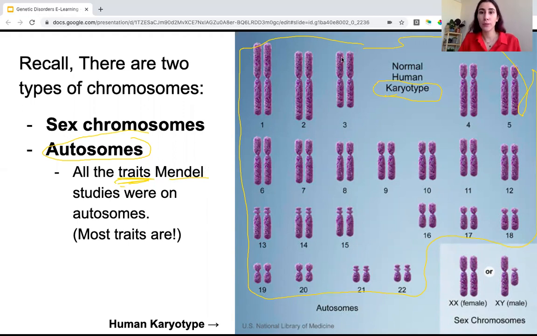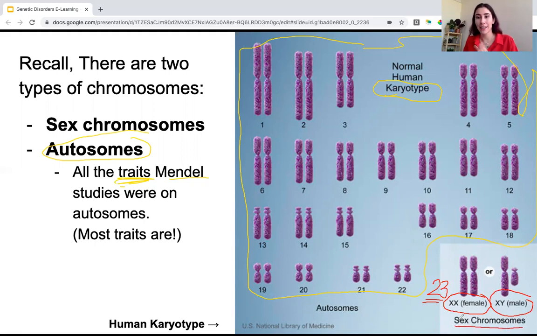The second type of chromosomes that we have are sex chromosomes, and this is going to be the last pair. So the 23rd pair is either, you'll have an XX if you're a female, or an XY chromosome if you are a male. Both of these are known as sex chromosomes.